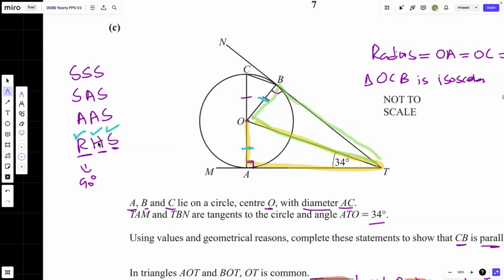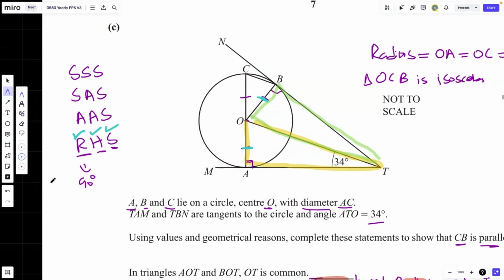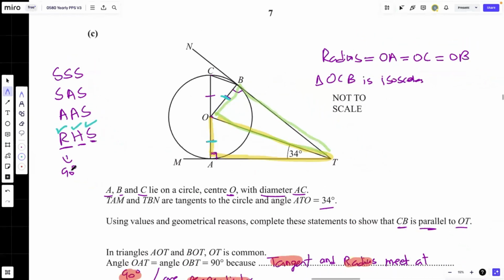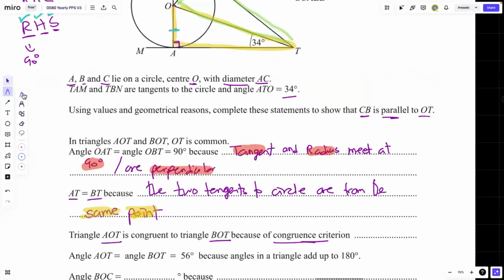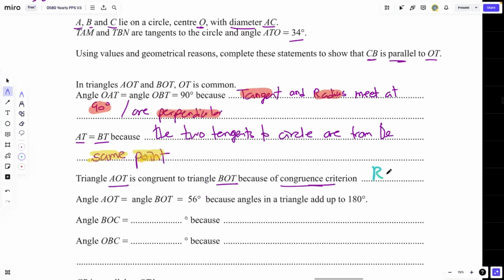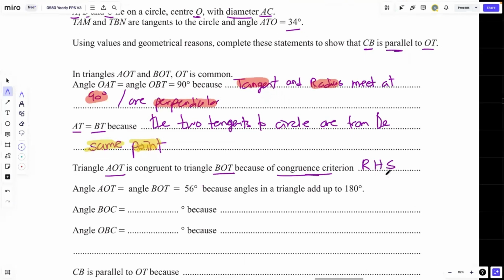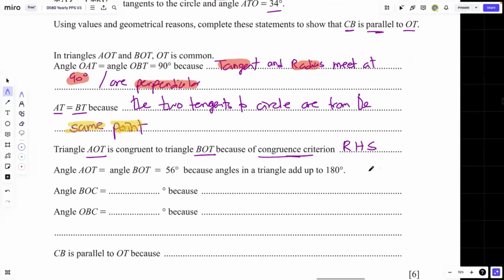So all three conditions of the right angle-hypotenuse-side congruency criteria are satisfied. So it's supposed to be RHS. We are just supposed to write the congruency criteria here.